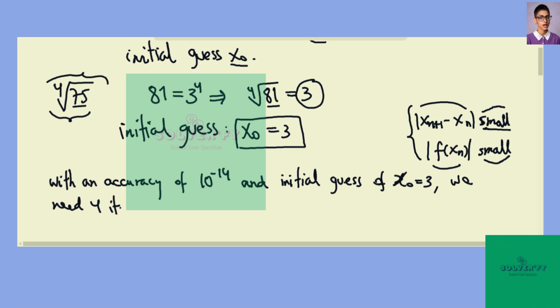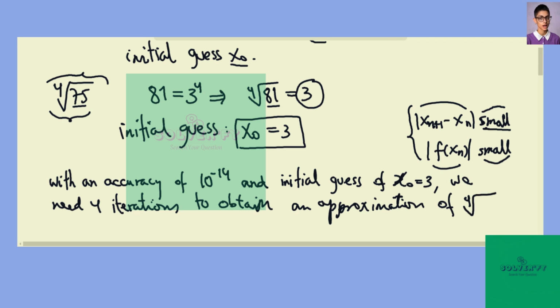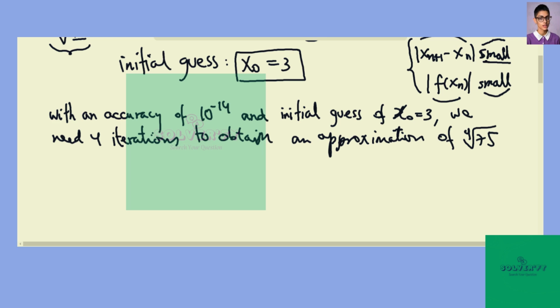In fact, it converges very quickly. 4 iterations to obtain an approximation of the fourth root of 75 with 13 correct decimals. That is much more than was asked if you want.